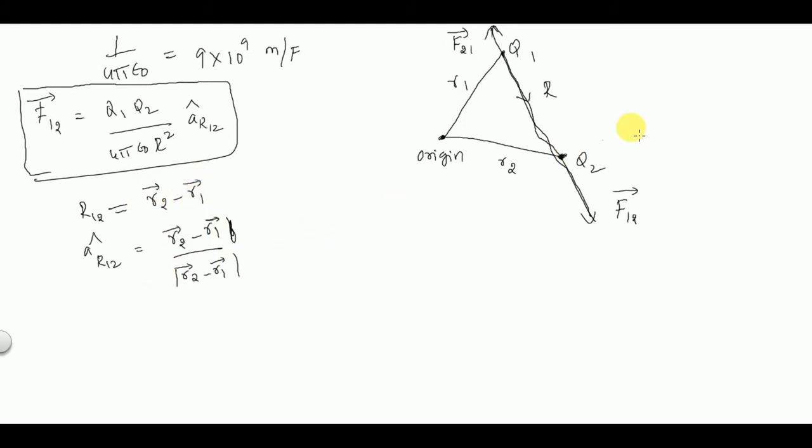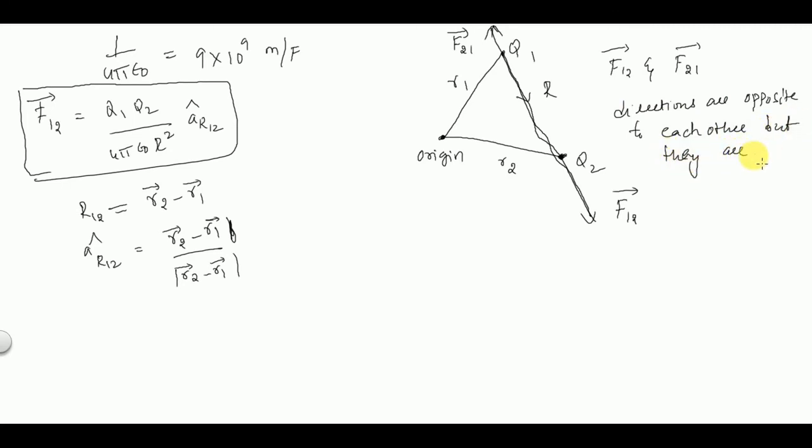Similarly, we can see the directions of F12 and F21 are opposite to each other, but they are equal in magnitude.